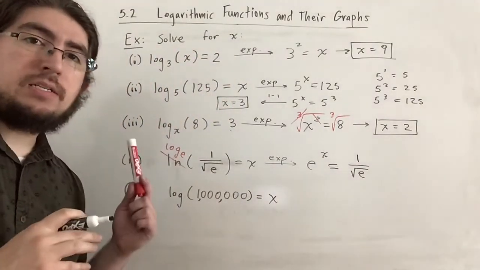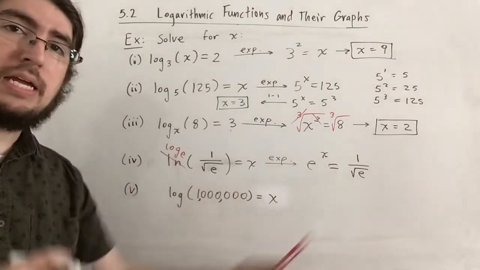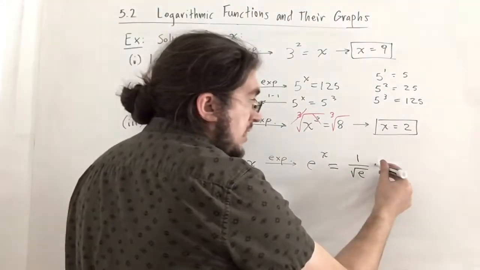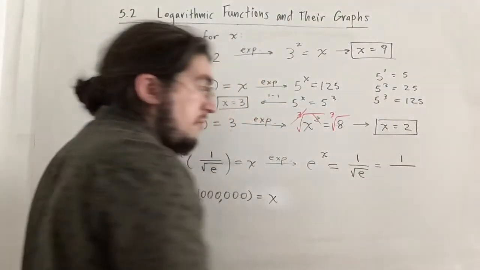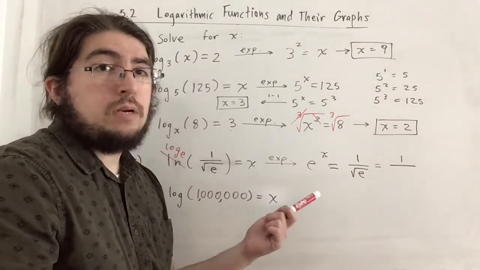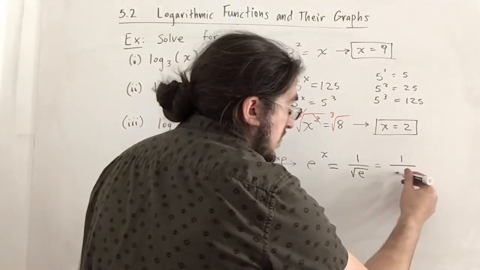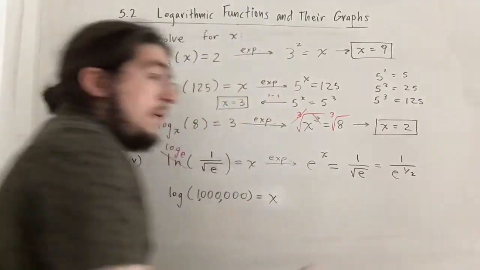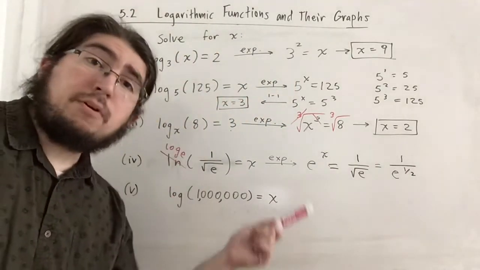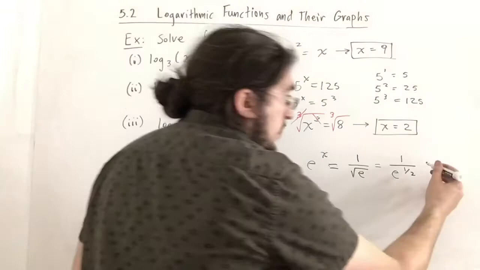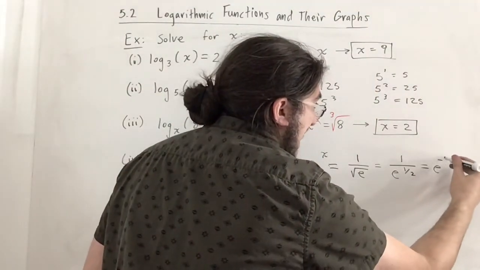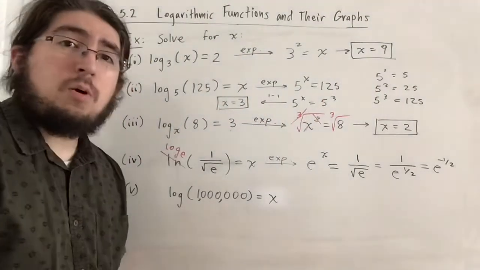Now, I'm going to try to write this as a power of e. Remember I mentioned before, the square root is the same as the 1/2 power. So this is e to the 1/2 in the denominator. In other words, it's the reciprocal of e to the 1/2. In other words, we can write this as e to the negative 1/2, because that's what negative powers mean.